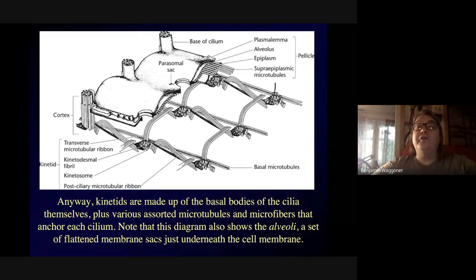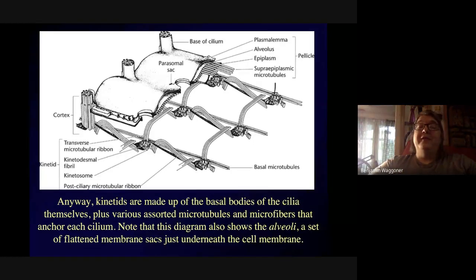You can also see the alveoli. The word alveolus appears up at the top right, and they're very flat, and they're right underneath the external membrane, which here is called the plasmalemma. So that shows you the relations of all these structures.